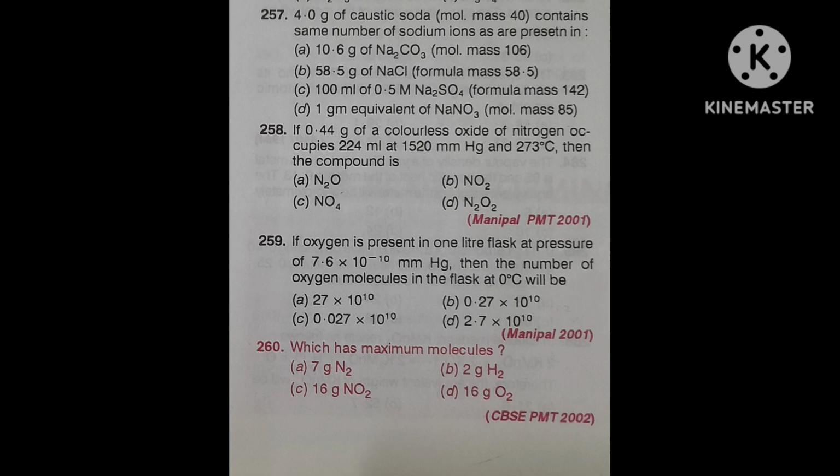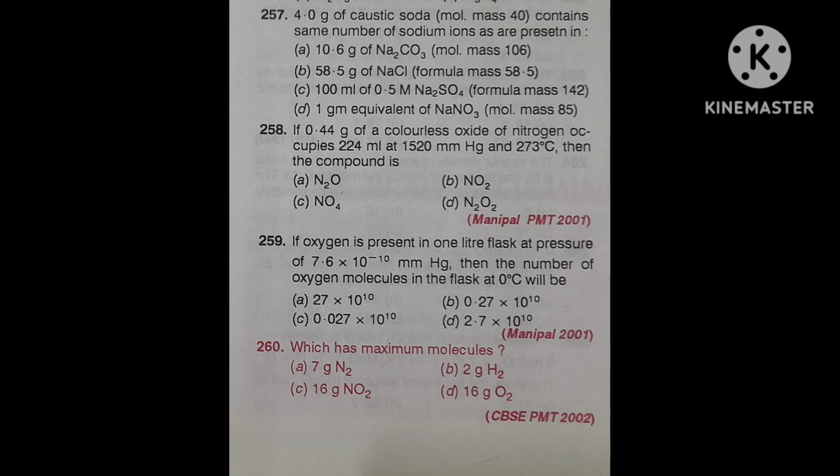Now next question, I am reading 259. Question number 259. If oxygen is present in 1 liter flask at pressure of 7.6 into 10 to the power minus 19 mmHg, then the number of oxygen molecules in the flask at 0 degree centigrade will be.